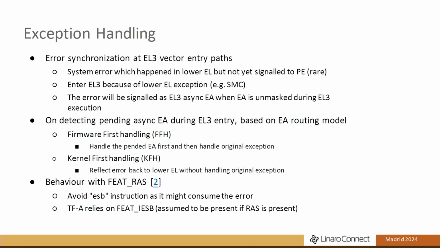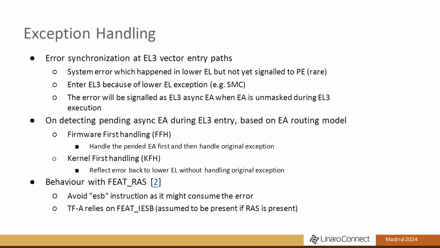Once we detect the error, we decide what to do based on the routing model of external aborts. So there comes firmware first and kernel first handling. Say you have made an SMC call, you came to EL3, and you found an error.